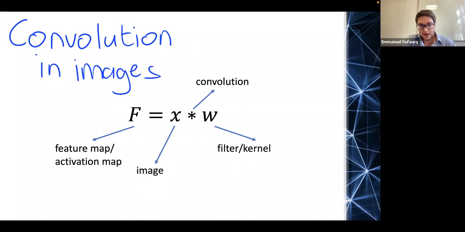We take an image and we convolve a filter onto it, and it produces a feature map. I'll explain what this means. The filter is what we're trying to optimize for. We're trying to find the weights of this filter to produce interesting feature maps that can help us solve the problem.